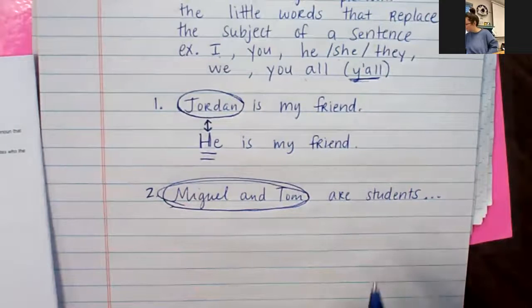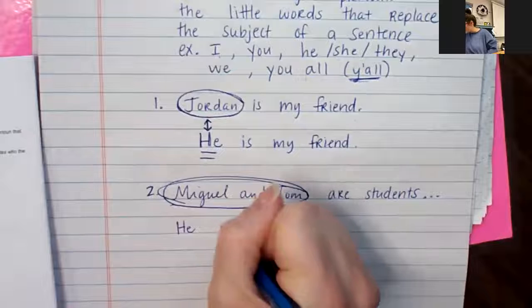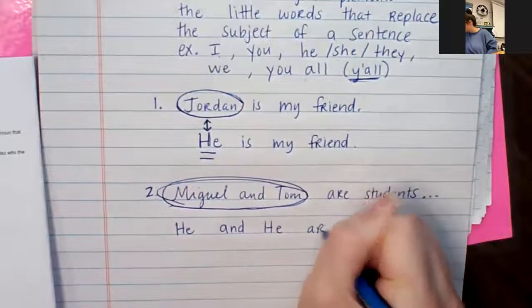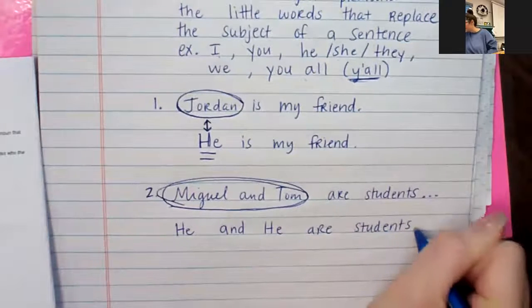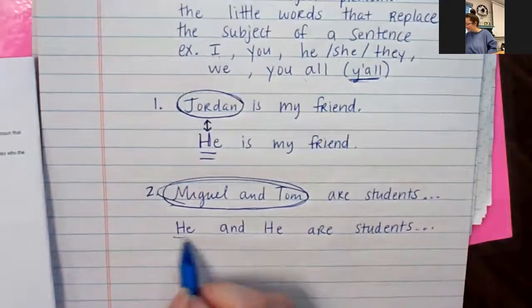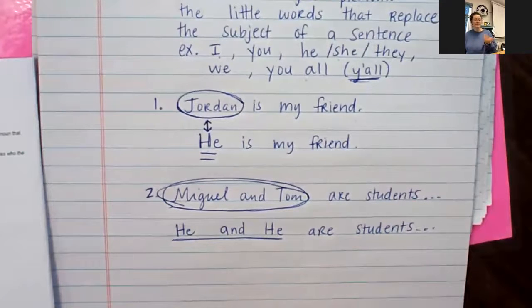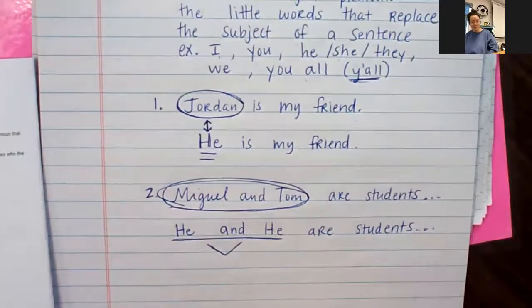So theoretically, we could say he and he are students in the class. But that doesn't really sound natural. He and he. We don't say that in English. So to combine he and he to make a plural subject pronoun, we have three options.